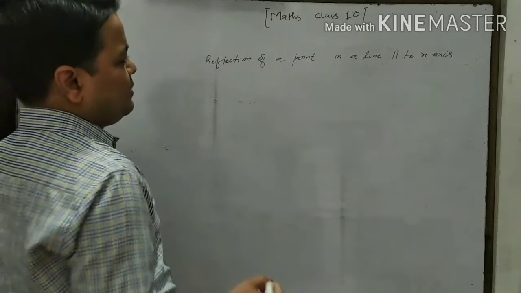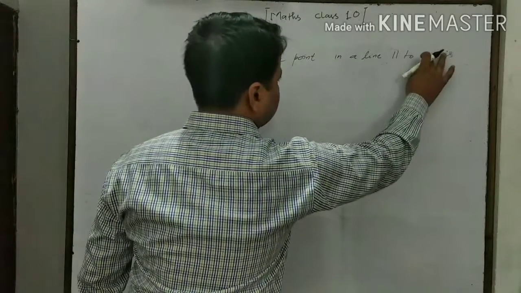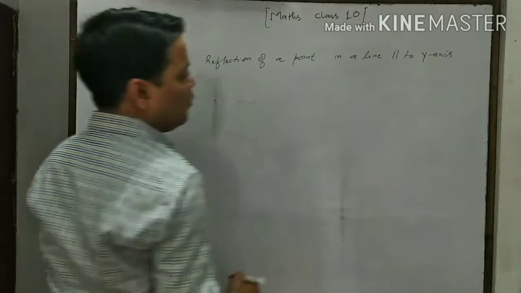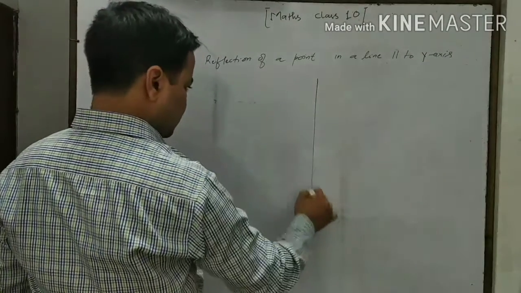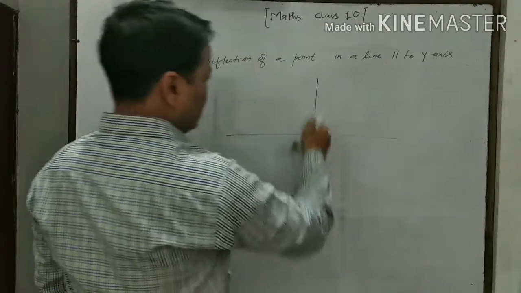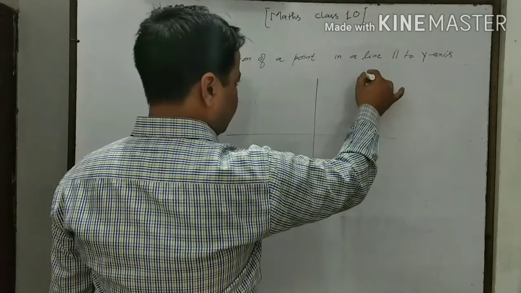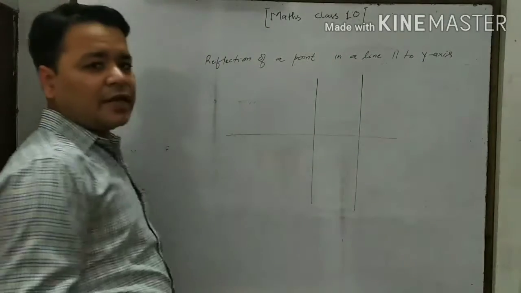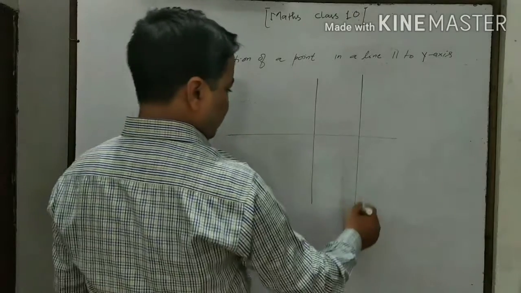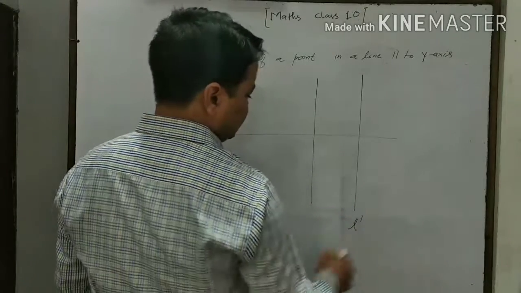Similarly, we can find the reflection of a point in a line parallel to the y-axis. Let this be the y-axis, the x-axis, and this is the line parallel to the y-axis, that is L dash.